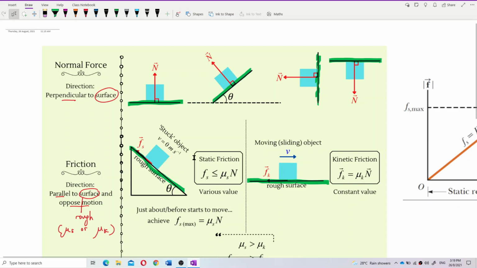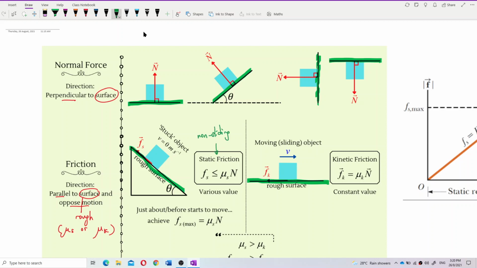First of all, I want to talk about the difference between static friction and kinetic friction. What actually is the difference? What I can say overall is static friction is for non-sliding objects.